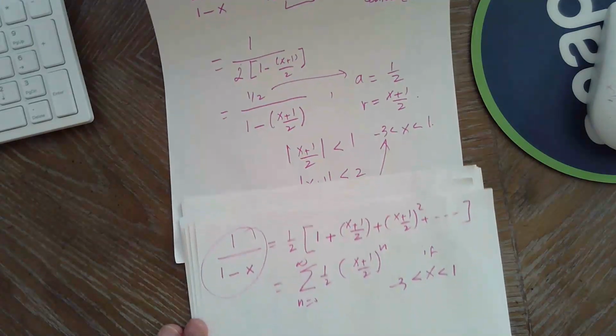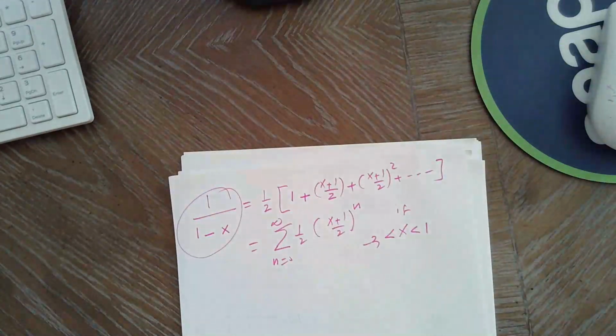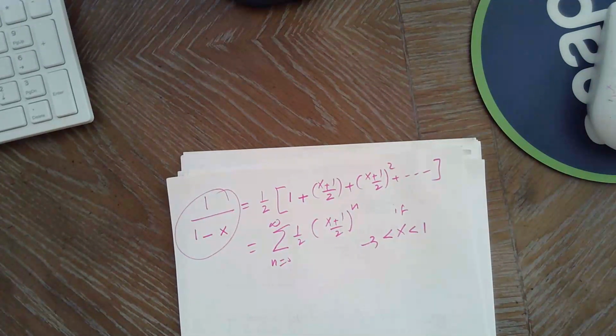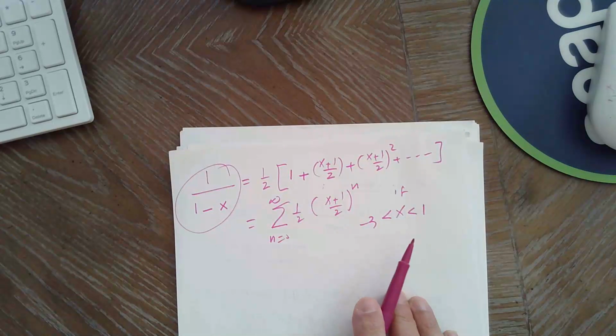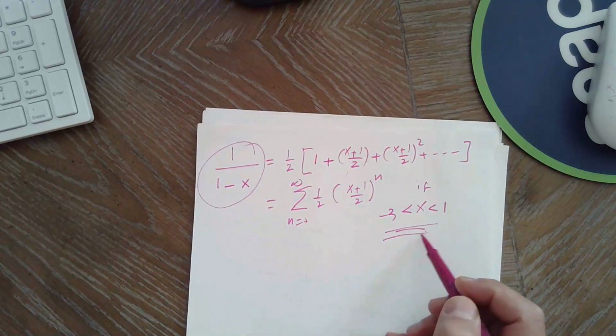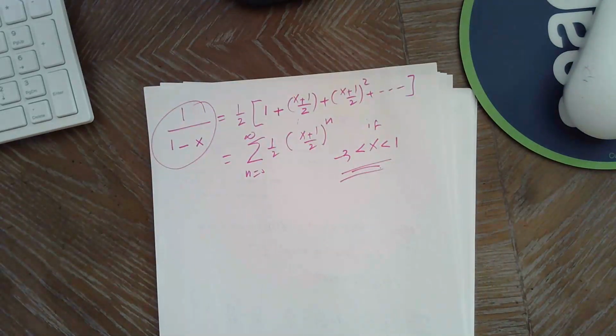So we represented the same function. Instead of a power series centered at 0, we wrote it in terms of a power series centered at -1 with a different interval of convergence.